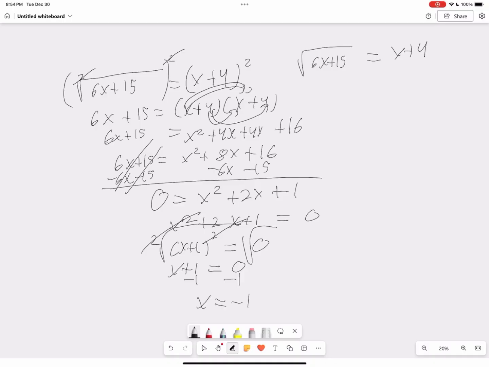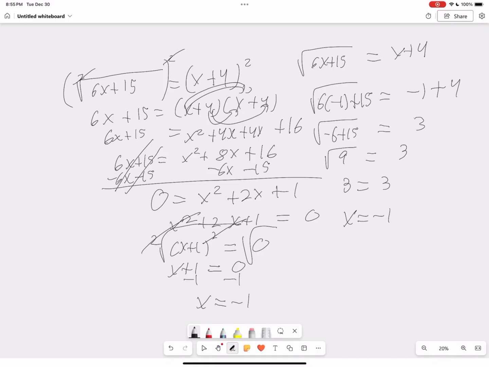So if I plug in the square root of 6 times negative 1 plus 15 equals negative 1 plus 4, I get negative 6 plus 15 equals 3, because negative 1 plus 4 is the same thing as 4 minus 1. So negative 6 plus 15 is 9. So we get the square root of 9, which is 3. So we get 3 equals 3, and it satisfies both sides. So that means x is indeed equal to negative 1.